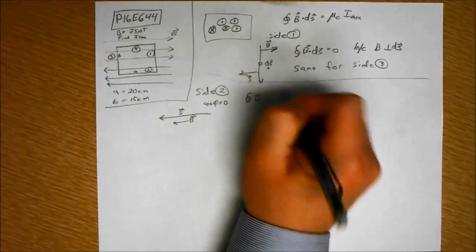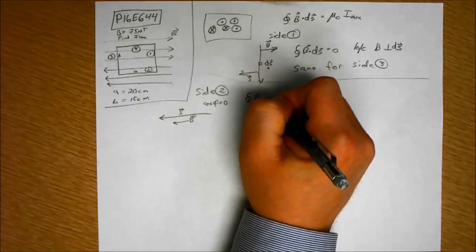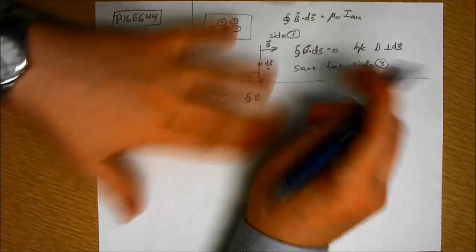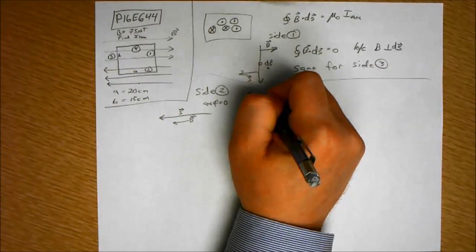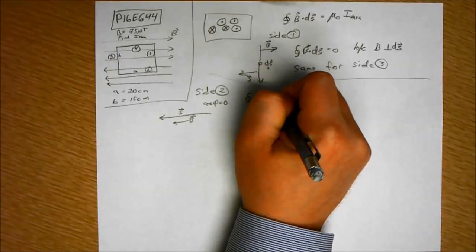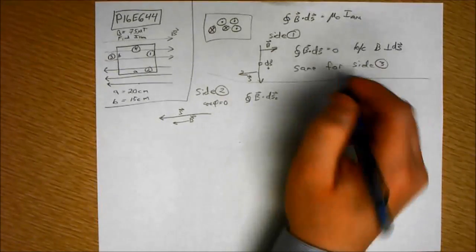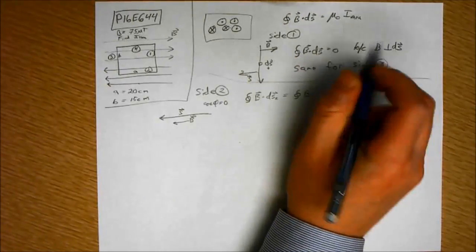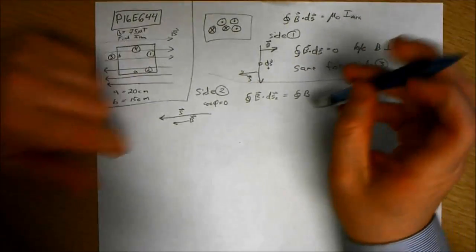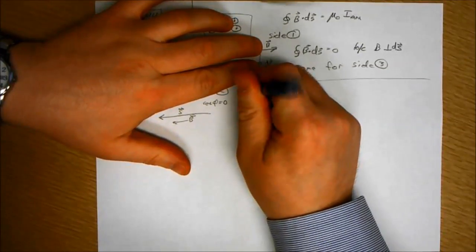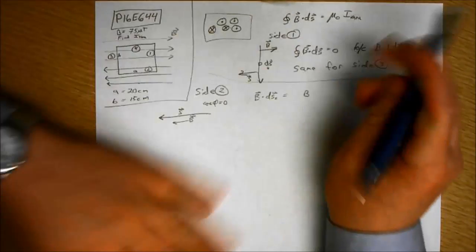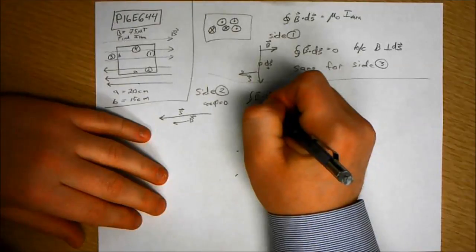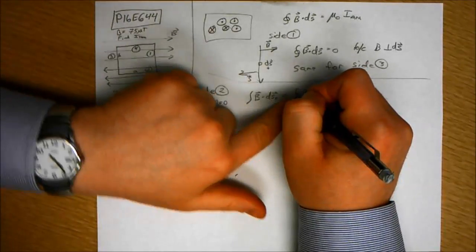So the integral of B dot ds2 is just equal to the integral along the path. Well, it's not a closed path because I'm doing it segment by segment, so I'm going to take the little circle out.